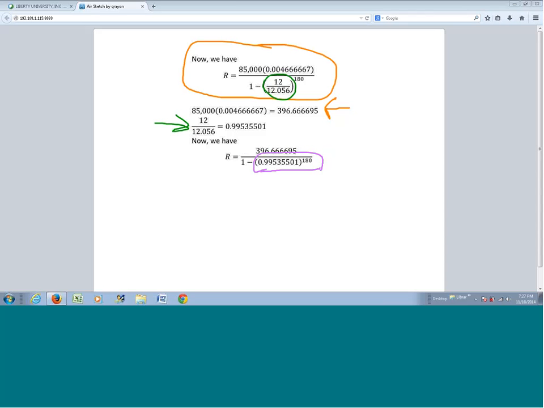And this is where your exponent button on your calculator either looks like this or looks like this. You're going to write that in to your calculator, 0.9953501, and then your exponent button, whatever that might look like, and then you're going to type 180 and equals and get a number on your calculator.